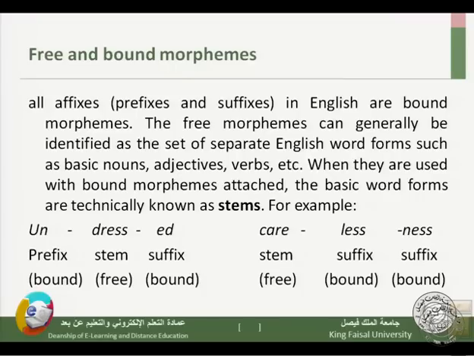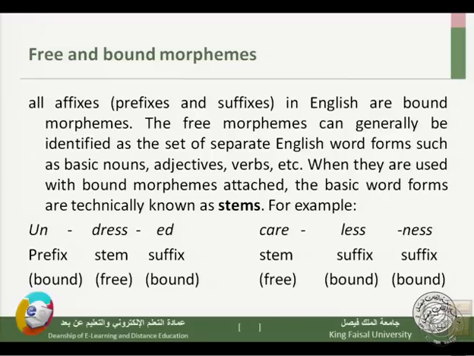The free morphemes can generally be identified as the set of separate English word forms, such as the basic nouns, the adjectives, the verbs, etc. When they are used with bound morphemes attached, the basic word form is technically known as the stem. So the original part of that word is called the stem.